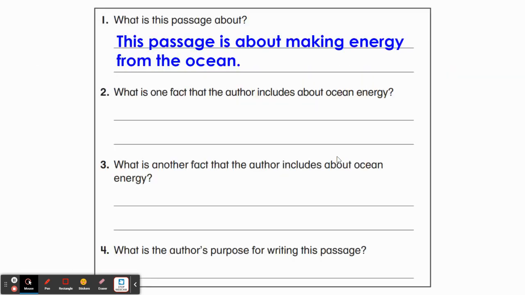Question number 2. What is one fact that the author includes about ocean energy? Well, second graders, go back into the text and find one fact that you learned about ocean energy. I will do the same.